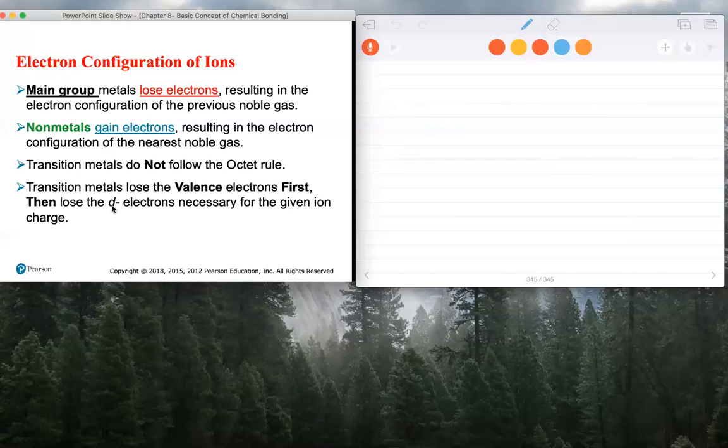So when we come to Fe3+, let's just use the shorthand, argon, which is 18. If we lose 3 electrons, it's going to be 3d5, because the 4s2 is gone, and 1 electron from the 3d. I lose 2 here, and then remove 1 electron from here and make it d5.